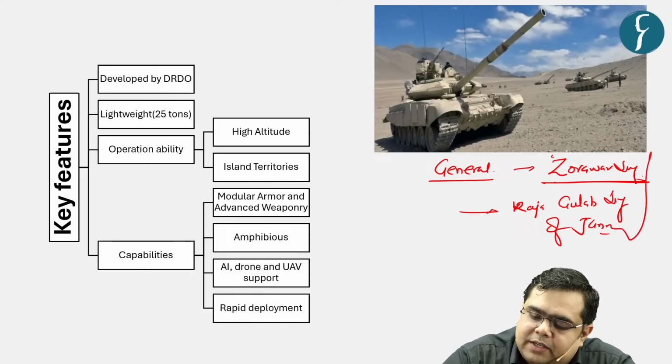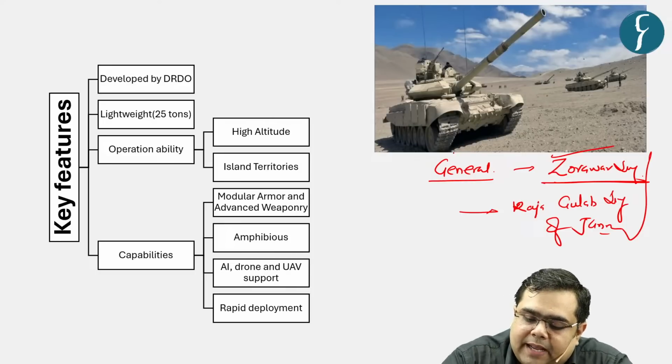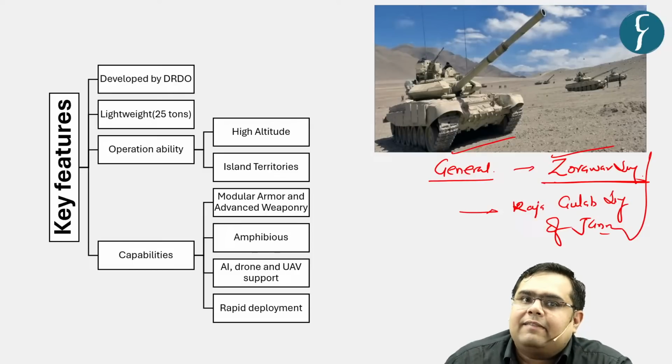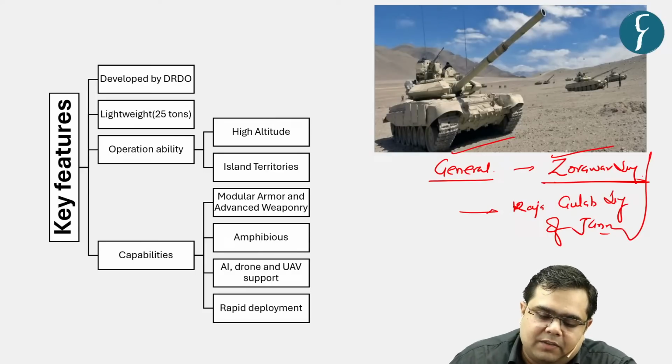And this particular general was an expert in mountain warfare, and that is why, because this tank is being specialized for mountain warfare and it is a lightweight tank, it is named after General Zorawar Singh. Now what are the key features of this particular tank?